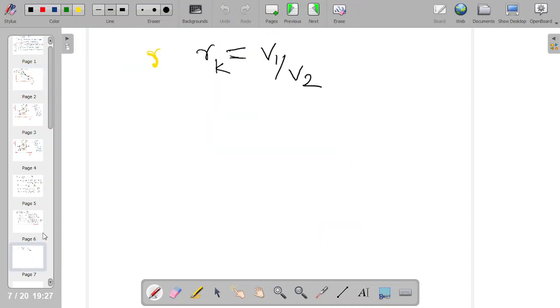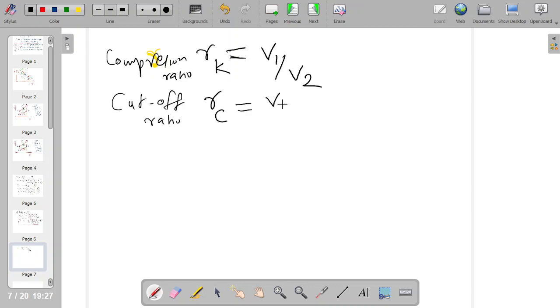Let's represent it by Rc. So this is the combustion ratio, and this is the cut-off ratio, V3 by V2.